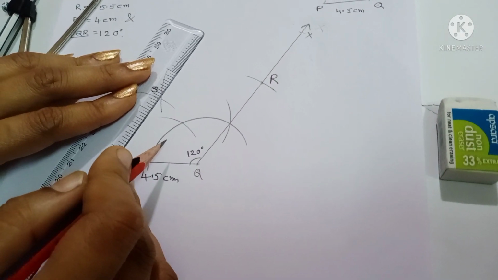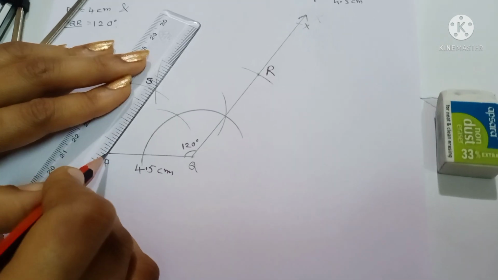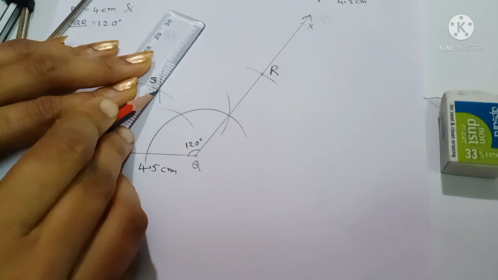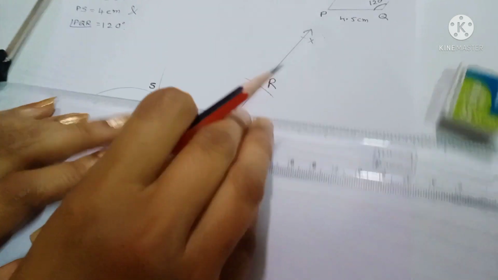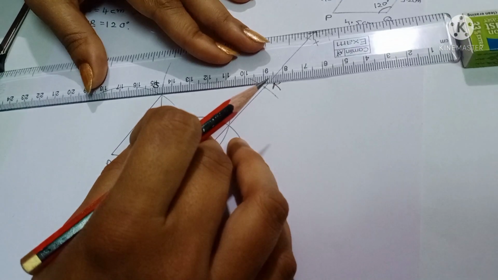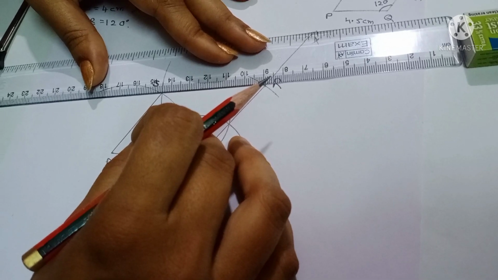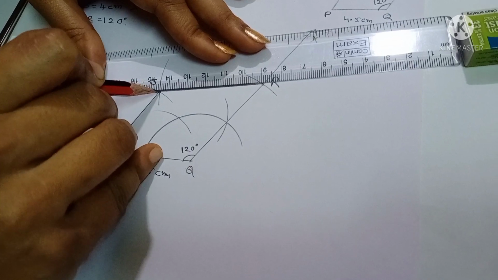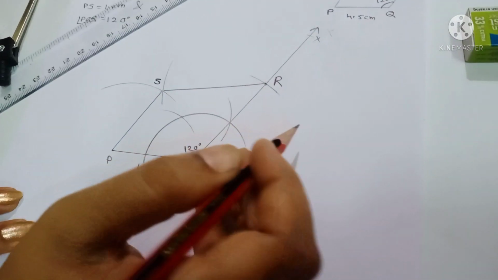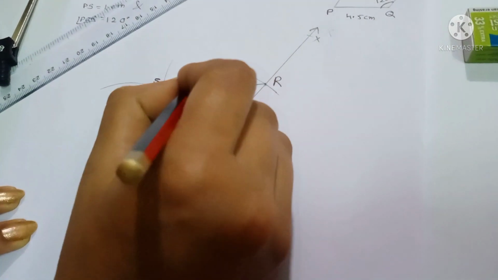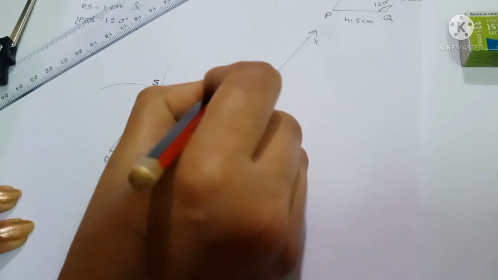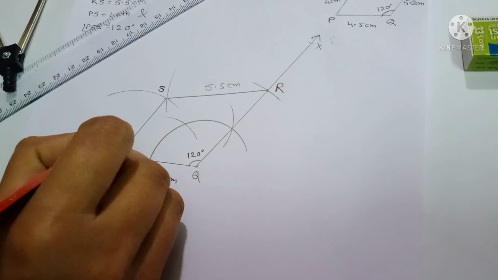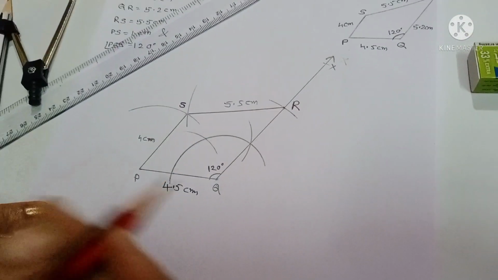Now, we join PS and RS. And mark 5.5 centimeters here and 4 centimeters here.